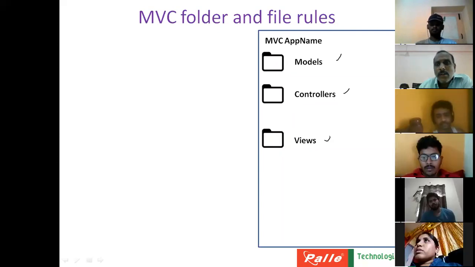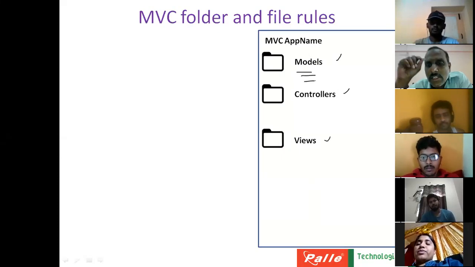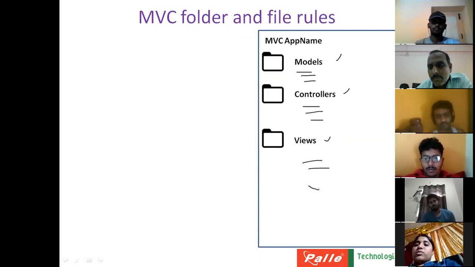All your model-related code must be stored inside the models folder. All model classes must be stored inside the models folder, all controllers must be placed inside the controllers folder, and all views must be created inside the views folder.